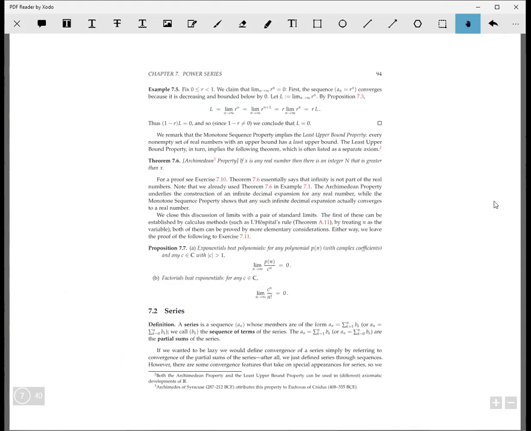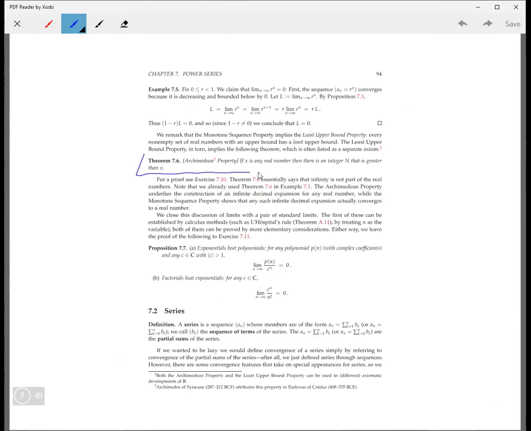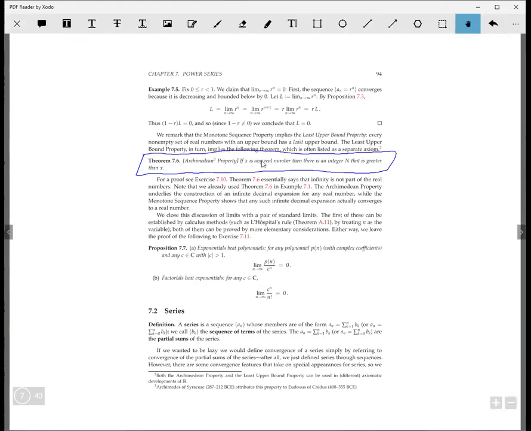And then this right here is important. The Archimedean property is important for doing proofs, and I basically use that. Essentially, if you have a real number, then there's an integer that's greater than that.